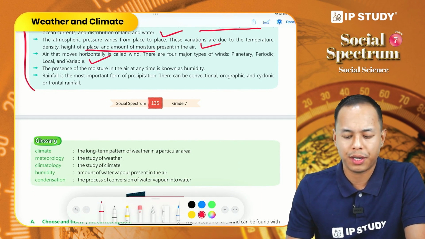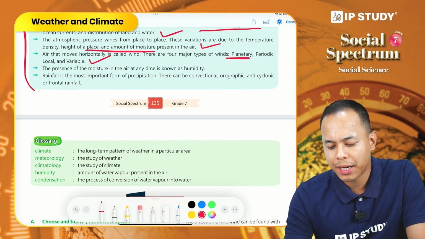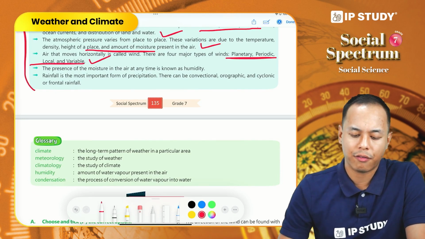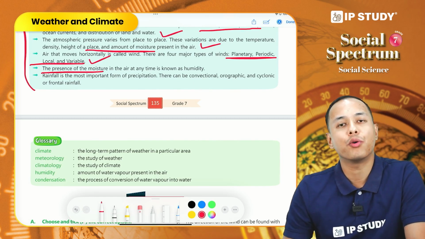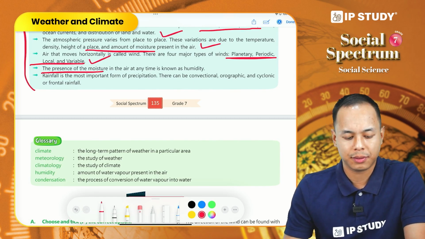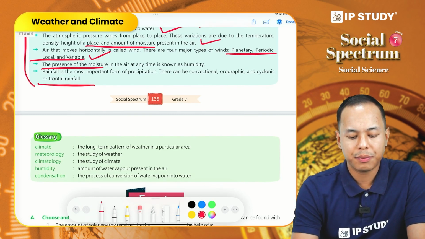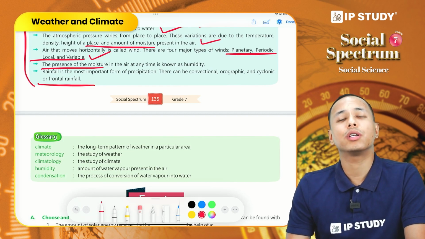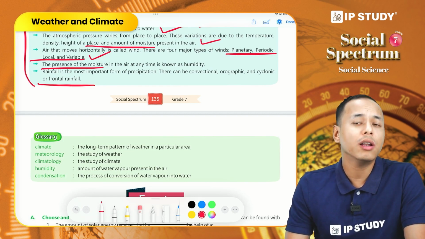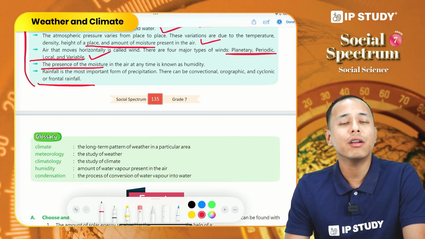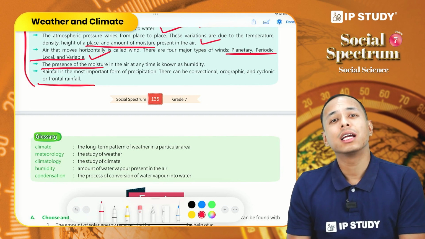There are four major types of wind: planetary, periodic, local, and variable. Humidity is the presence of moisture in the air. And lastly, precipitation. Rainfall is the most important form of precipitation, and there are three important types of rainfall: convectional, orographic, and frontal. So with this, I conclude the chapter.